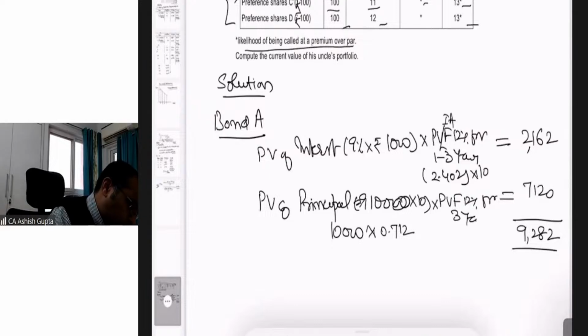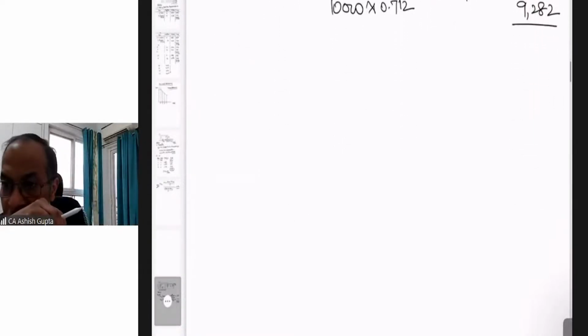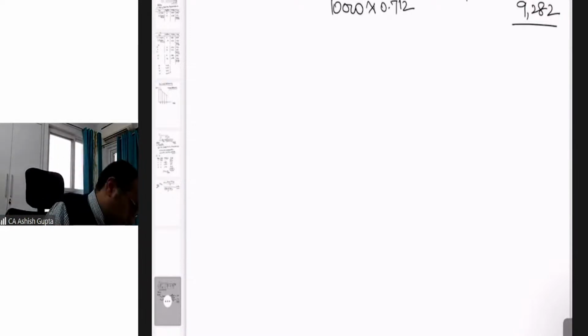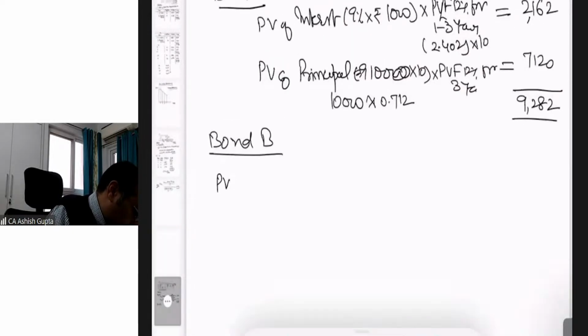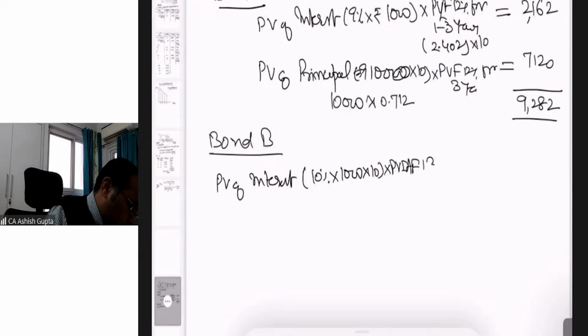Okay, student. Then bond B. Okay, the factor is 3.605.